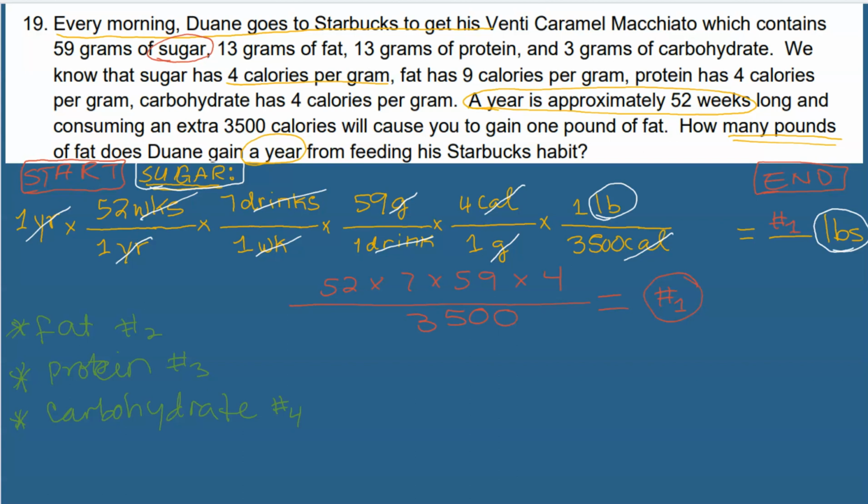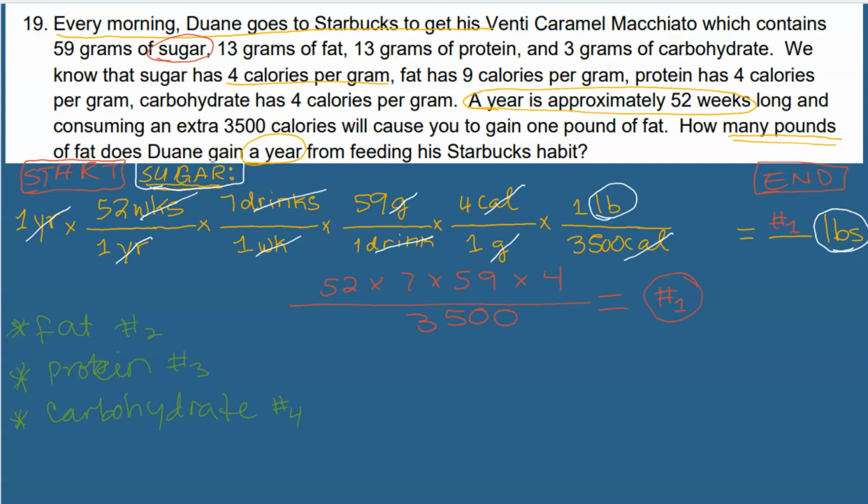Now, a question is, what if the story doesn't tell you? If the story doesn't tell you, you will have the conversion reference page given to you in the unit conversion lesson. There is one page that has all of the information, and you should be able to use that page for normal conversions.